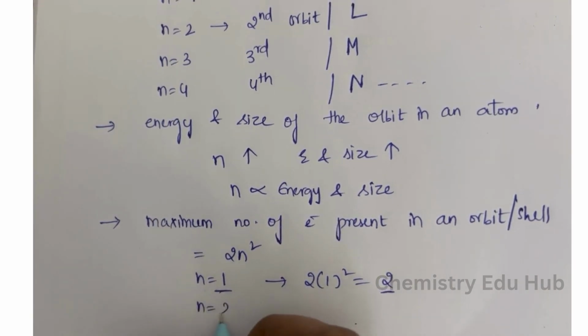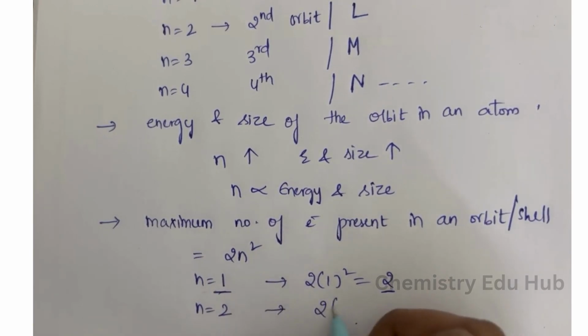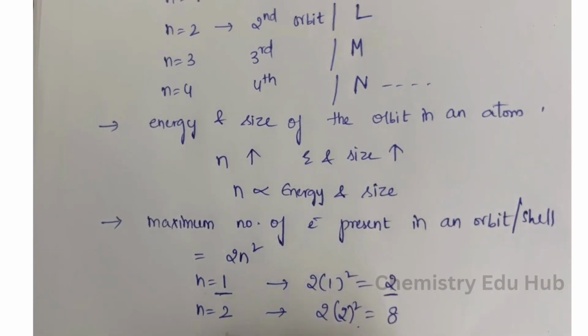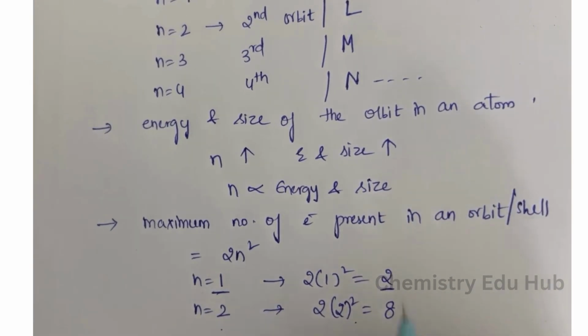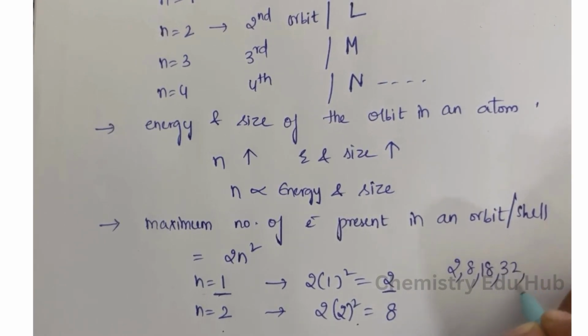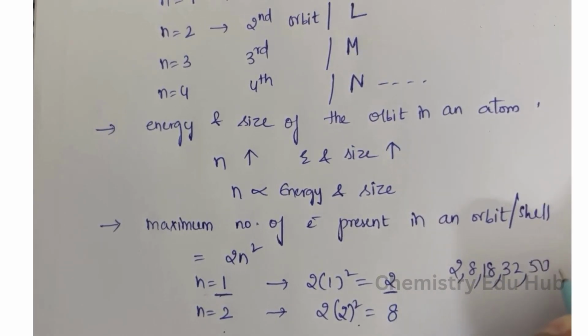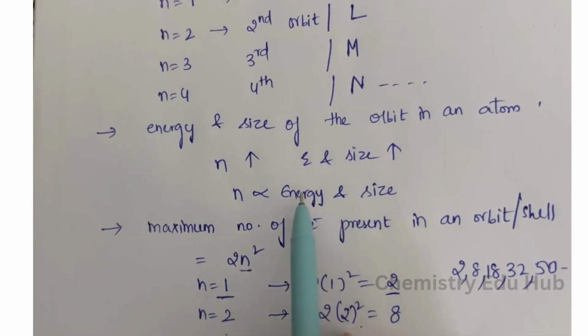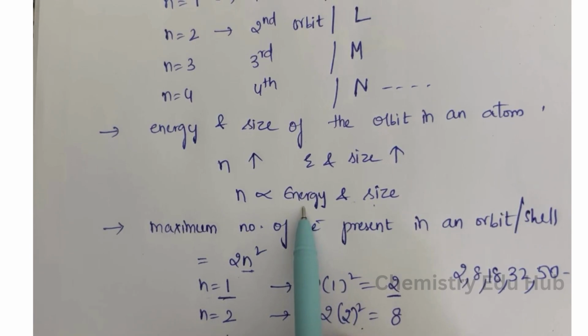If n is equal to 2, then 2 into 2 square, then it is 8. Like this, according to the n value, you can have 2, 8, 18, 32, then 50 and so on. As the shell number increases, the size and the energy increase, and the number of electrons that can be accommodated also increases.